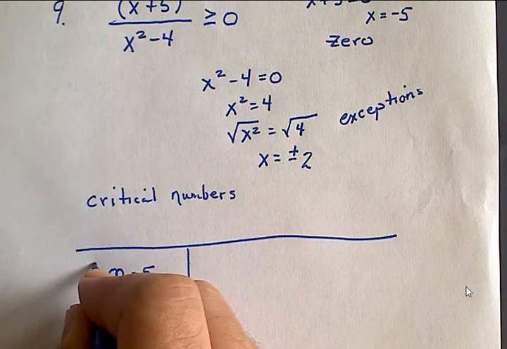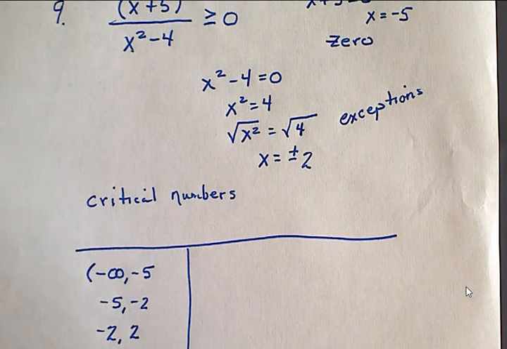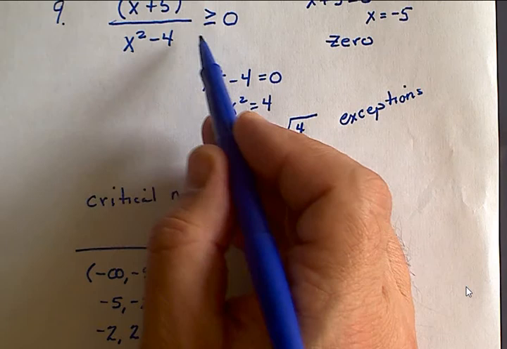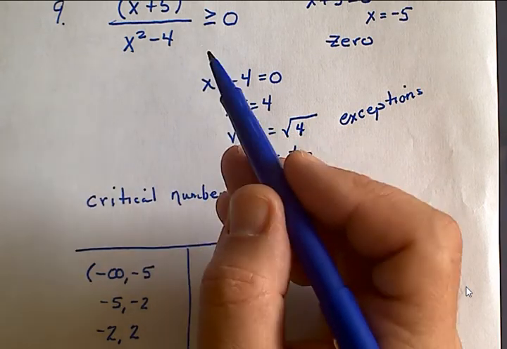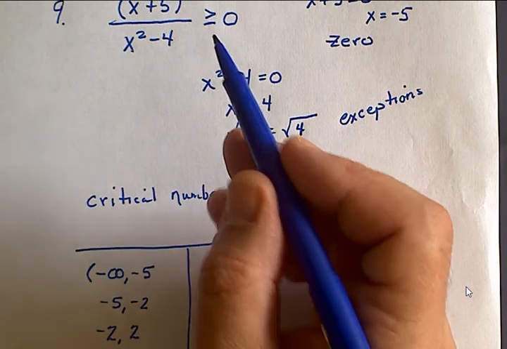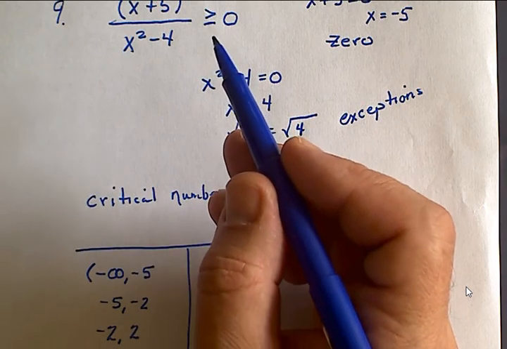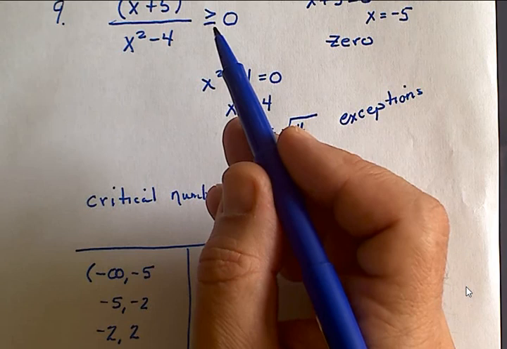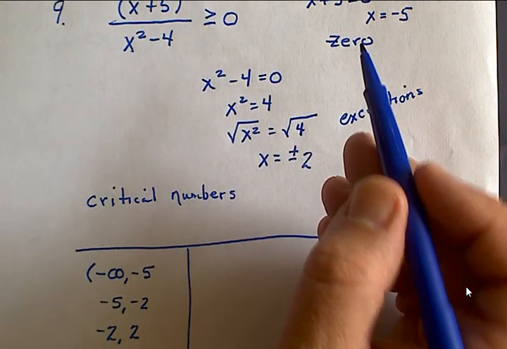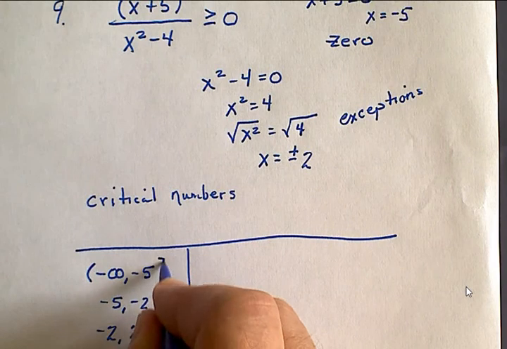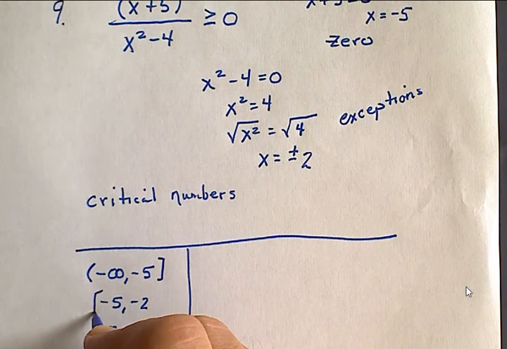Now, this also has an equal sign in the rational expression, but the equal sign only affects the zeros. So because of the equal sign, the 0 that we found was at negative 5. I'm going to put a bracket on negative 5, but that's all.